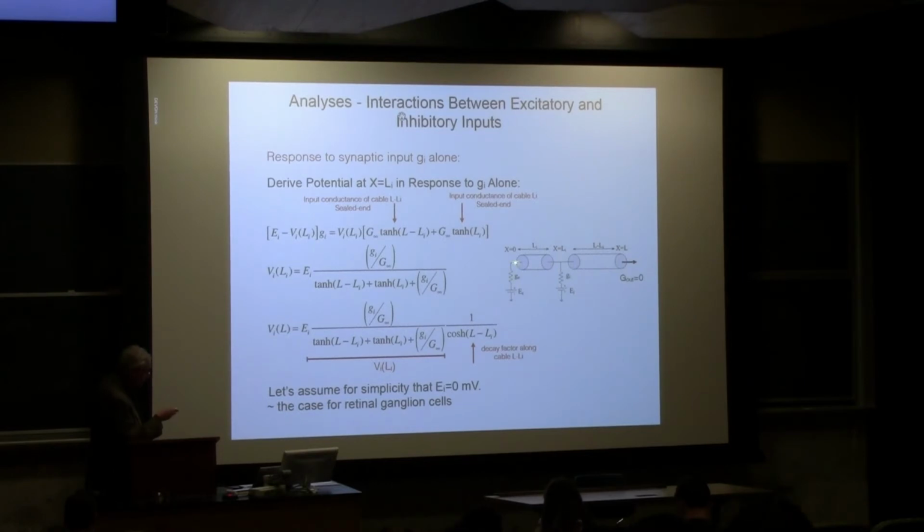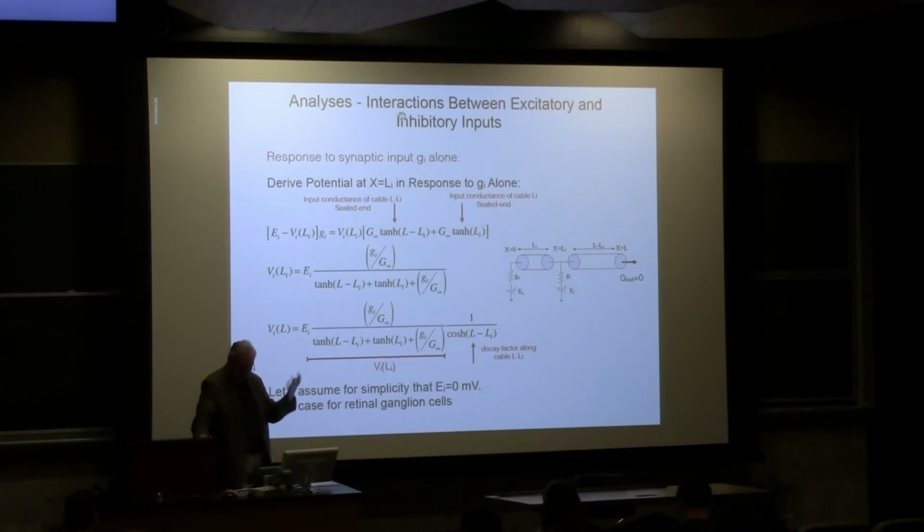So if this were the site of inhibition, when positioned in this way, that inhibitory input would be relatively ineffective at vetoing the actions of excitatory input applied closer to the end of the cable, closer to where we're modeling the soma. So there's timing that's important, and there's this on-path condition.